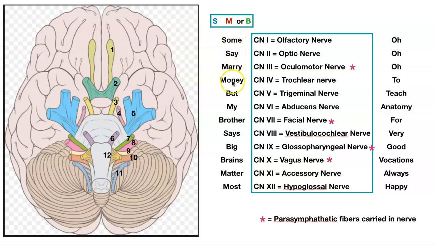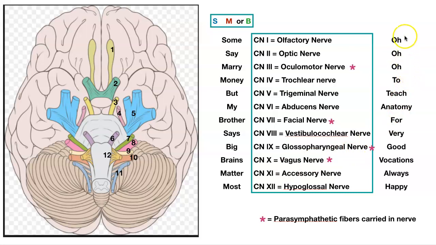Some say marry money, but my brother says big brains matter most. Sensory, sensory, motor, motor, both, motor, both, sensory, both, motor, motor. So memorize that little saying and you'll know 1 through 12 if they're sensory, motor, or both.